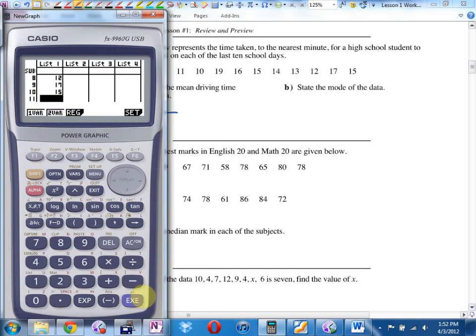And then hit exit or enter to get back out of there. You with me? Good, fine. How do I get the numbers now? What button was it? One var? Yeah, go ahead. Find it.